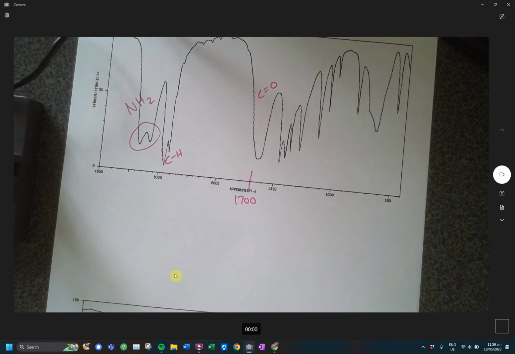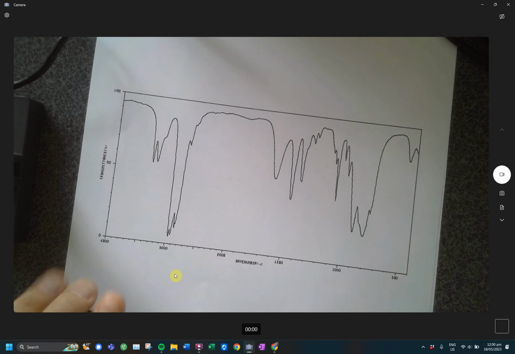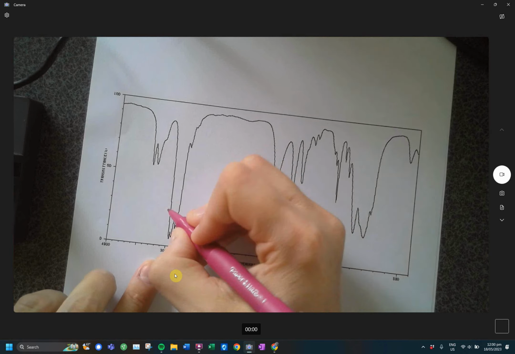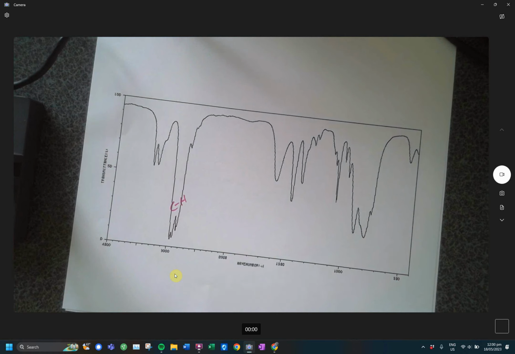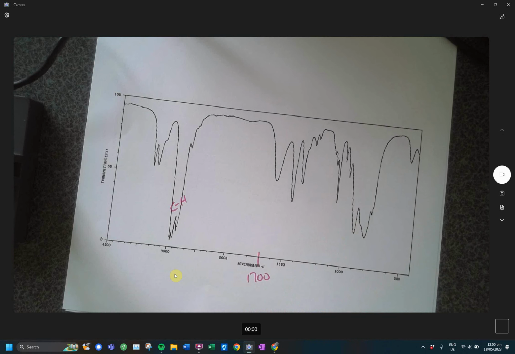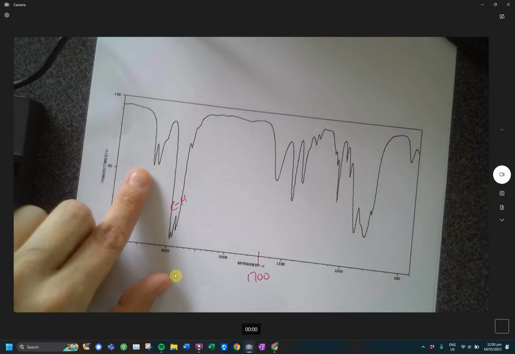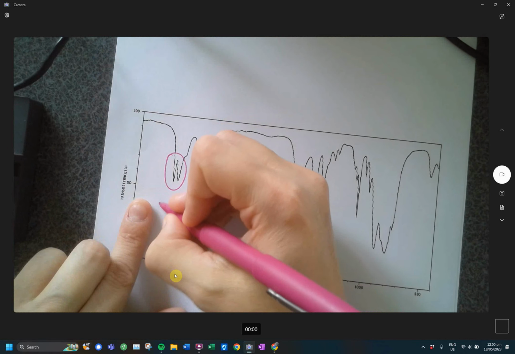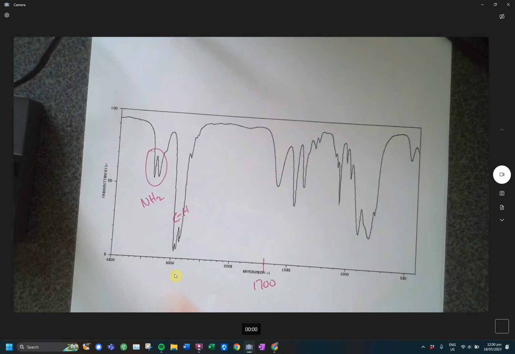All right, next one. We're looking at 3,000 to 2,800, so that's my CH. That's my reference point. The other thing I'm labeling is my 1,700. So this here is my NH2 because we can see that it's got that double trough again. Do you think a carbonyl's here?